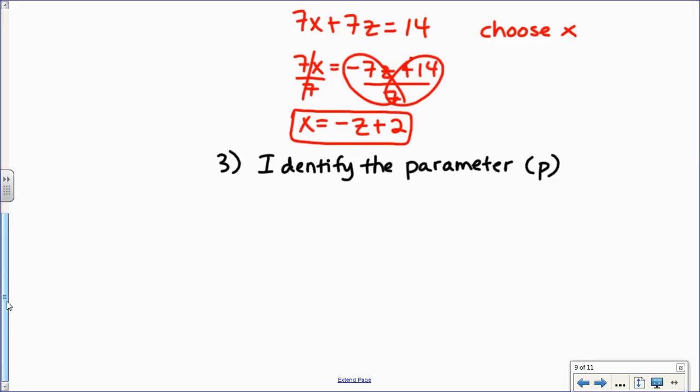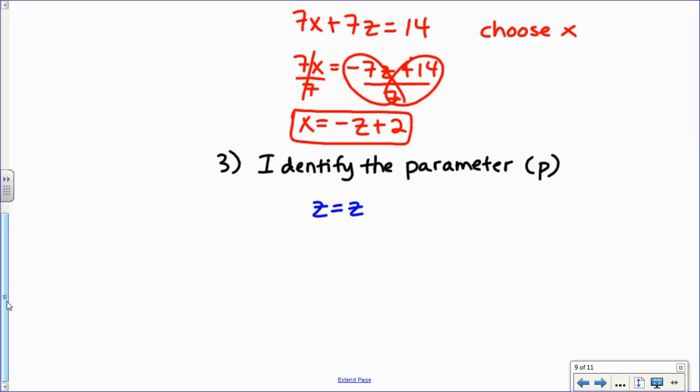Okay, so I'm going to say z equals z. Okay, so x is in terms of z, so every other variable has to be written in terms of z.